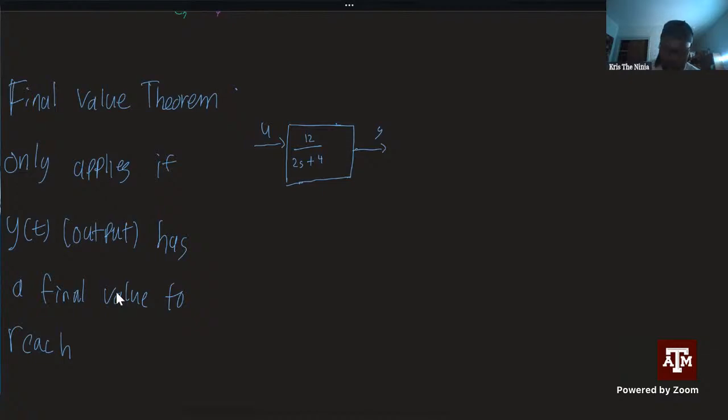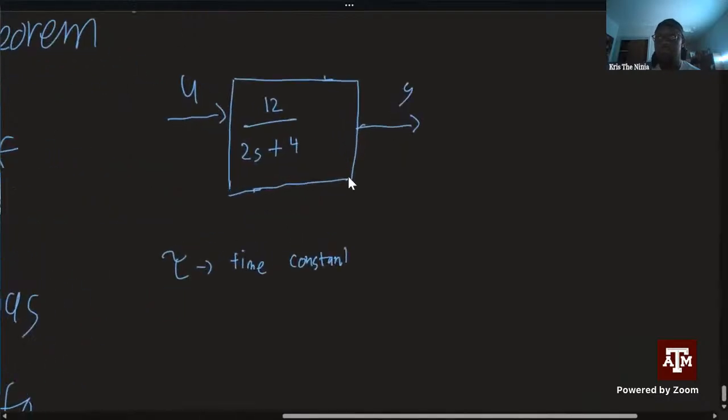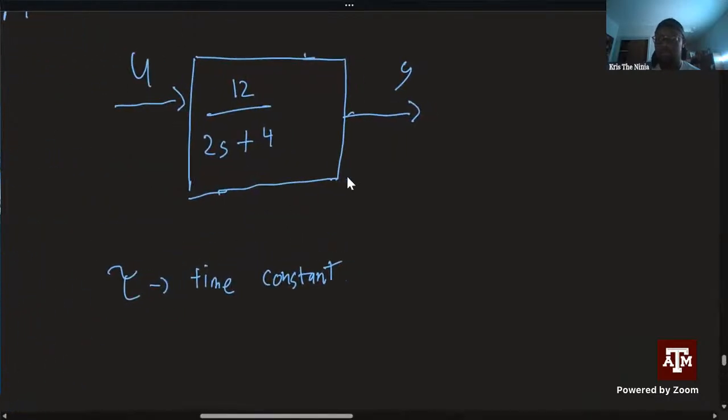To get your time constant, you're going to need a time constant tau. The equation for that is B2 over B3.